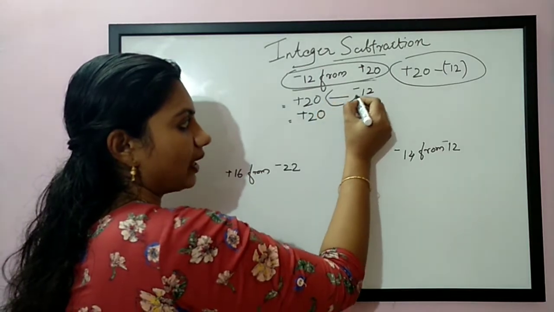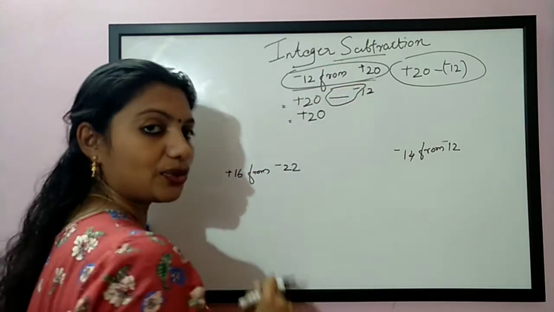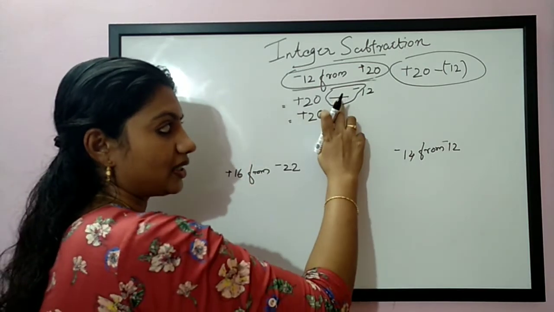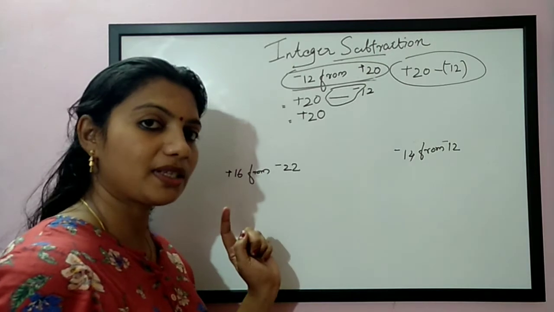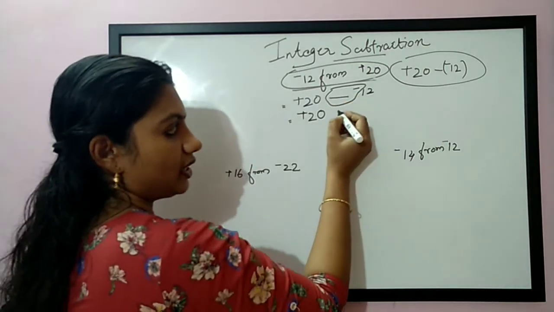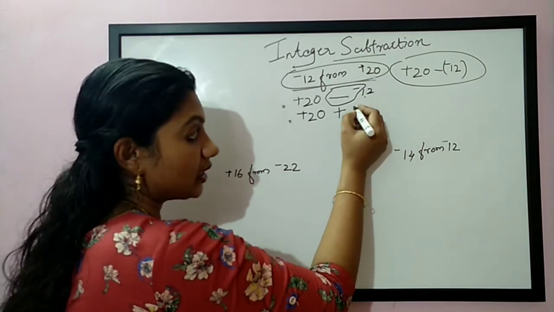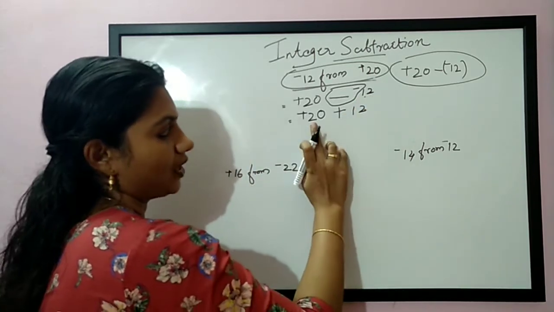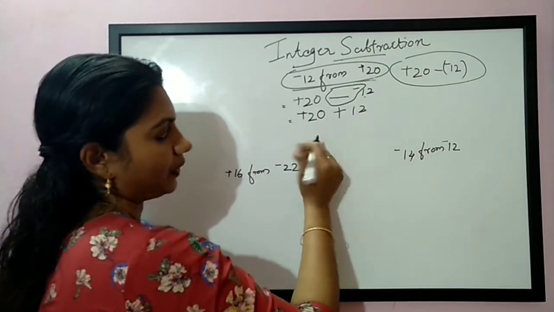Now I will look at the symbol of these two. What are these two symbols? This is negative, this is negative. Two negatives become positive. And what is left here? It is 12. So here I have positive 20 plus 12.